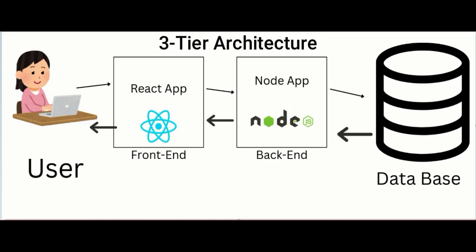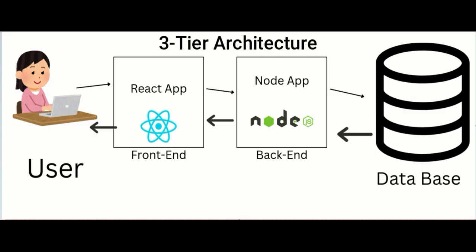For example, we assume that the application is in ReactJS. Then the backend is called the logic layer. The application logic processes the request and handles the communication between the front end and the database. So it is a mediator.